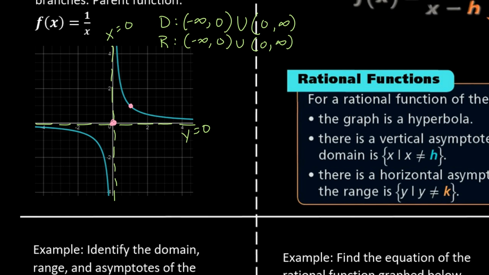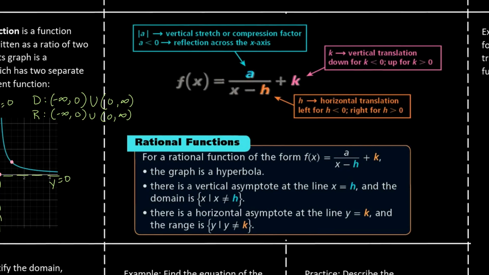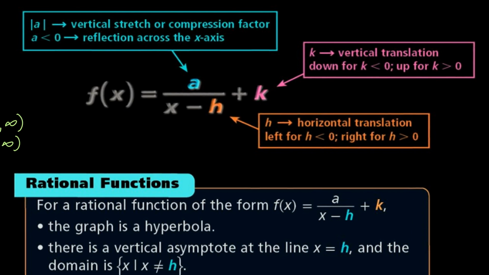And then over 1 down 1. So that's how you would graph the parent function. You graph the center of the asymptotes, and then you graph up 1 over 1 down 1. And then you kind of just sketch the rest of the graph. None of the other points really matter too much.